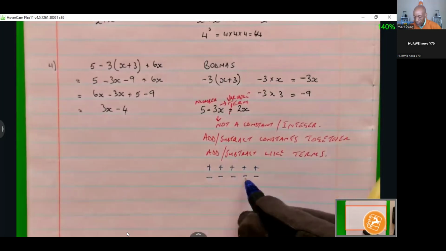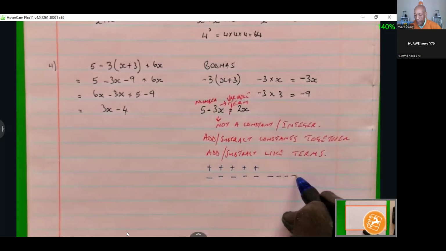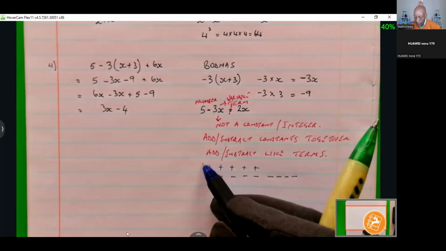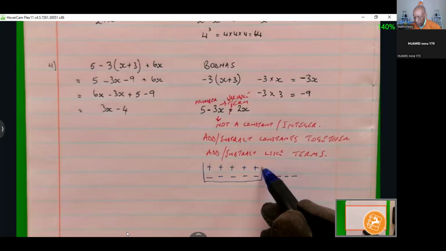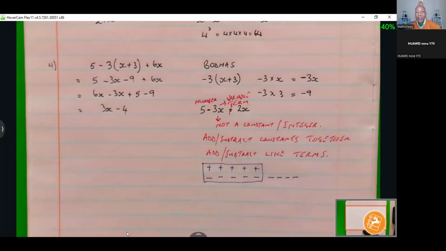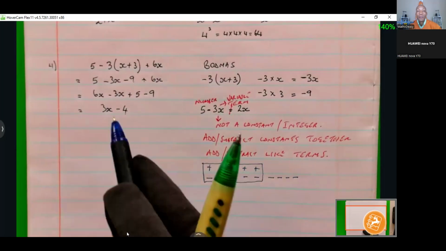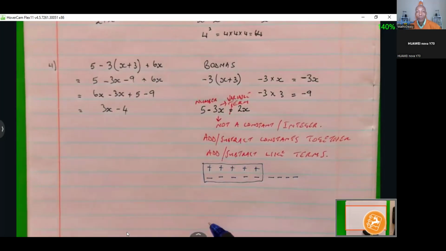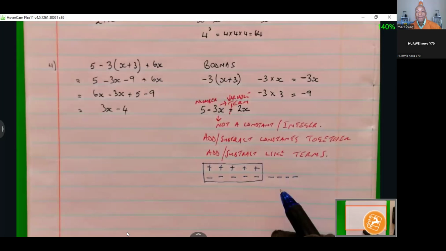So 1, 2, 3, 4, 5, 1, 2, 3, 4. That's 9. So these ones, what will they do? They will cancel one another. Then I'll be left with 1, 2, 3, 4 that are negative. Yes. And we also use that number line where we put all the negative numbers, and then we ask you if you are at number 5 and you move 9 places to the left, what's going to happen?